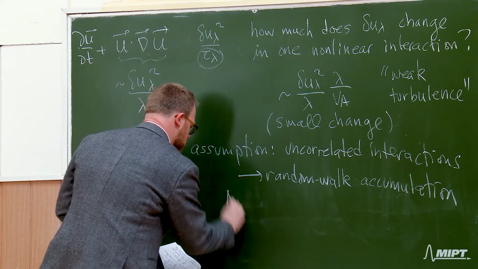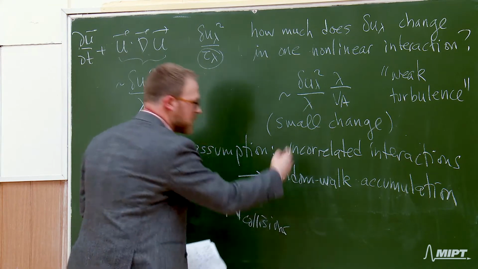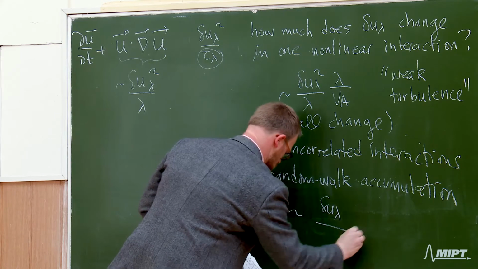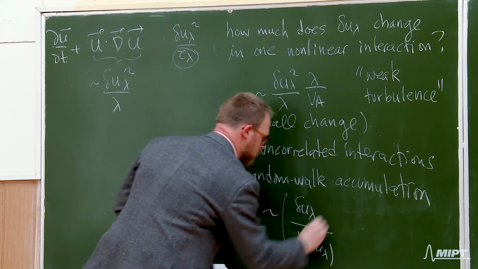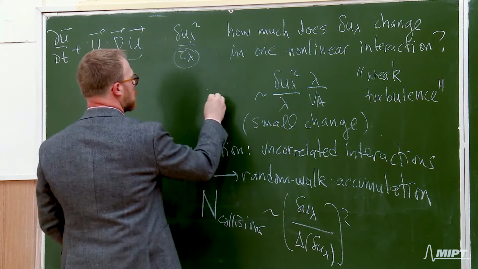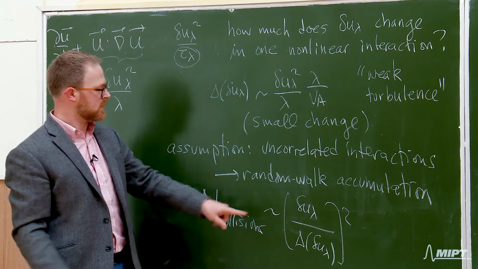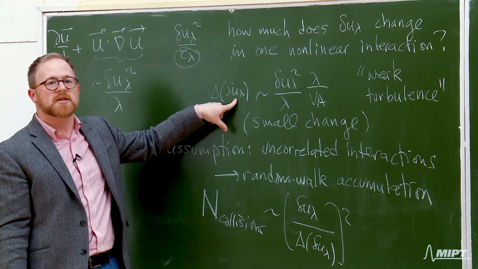And so the argument is this random walk argument is like this. So this is the change in the wave packet during one collision.